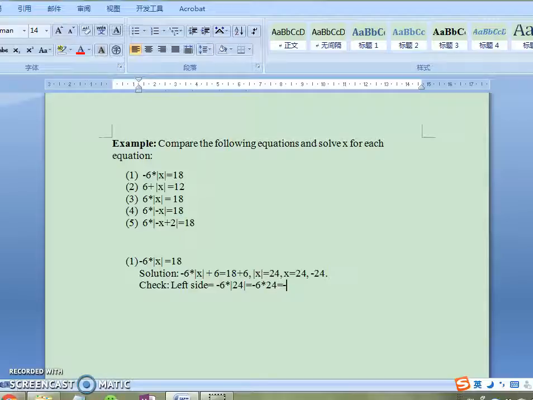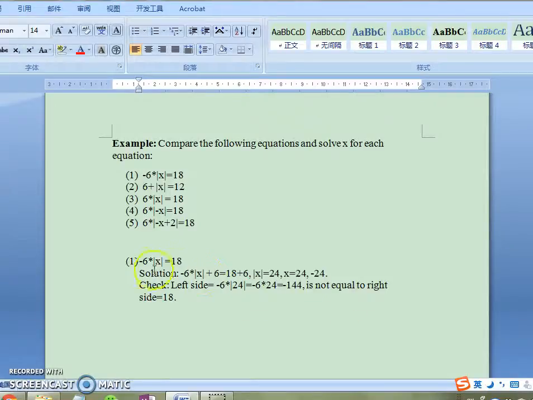This at first is a negative number. 6 times 4 equals 24. 2 times 6 is 12, plus that 2 is 14, which is not equal to the right side. The right side equals 18, right? So that means something is wrong with your solution.